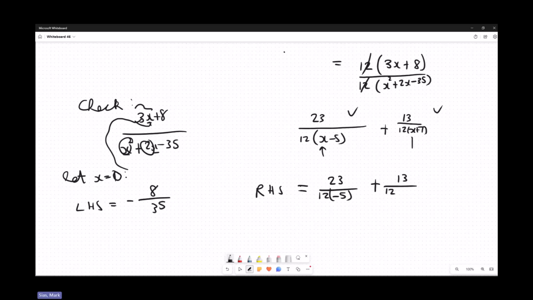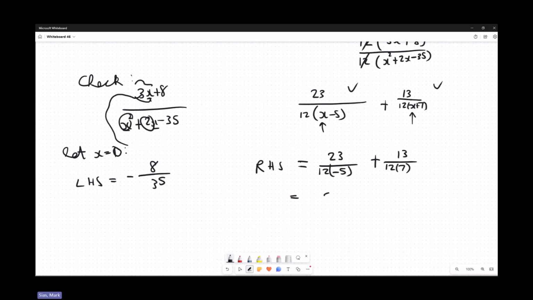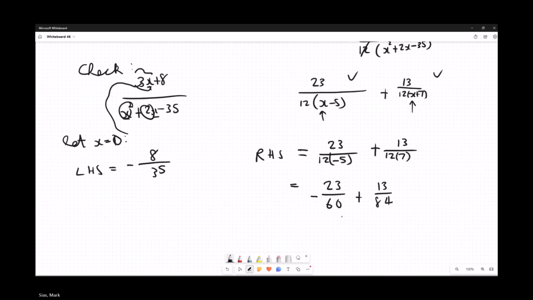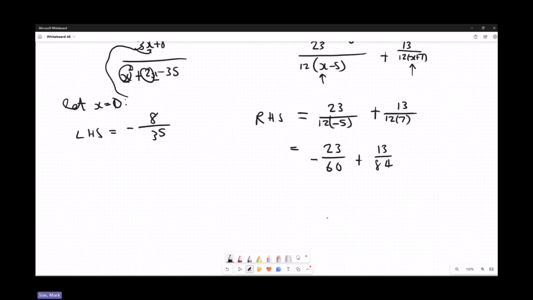So when x is 0 here, I've got 7. So what do I have currently? Well, I've got 23 over minus 60, and I've got 13 over 84, which looks very awkward.